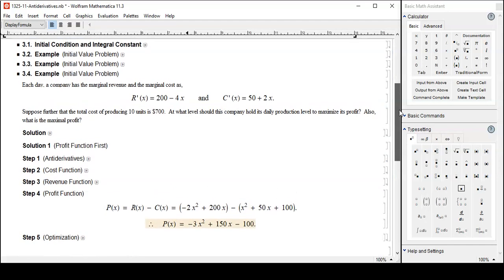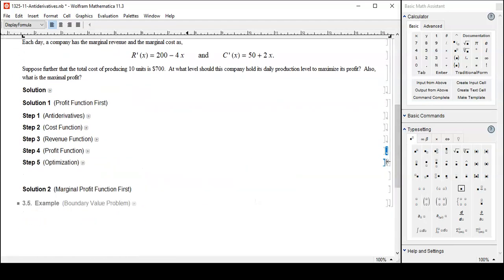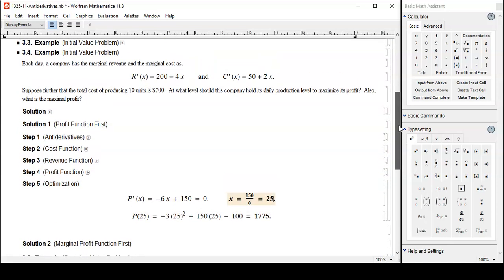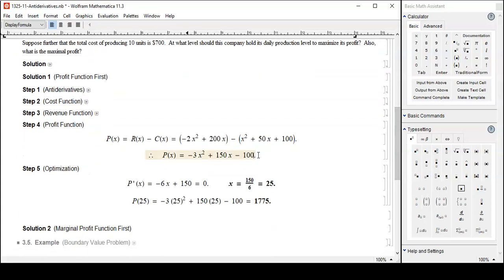Okay, now that we have profit function, take the derivative, set it equal to 0. Solve it, we have 25, and that is the daily production level to maximize the profit. And the maximum profit, plug in x equals 25 to that profit function. Profit function is right here. Plug in 25 here and run your computation.